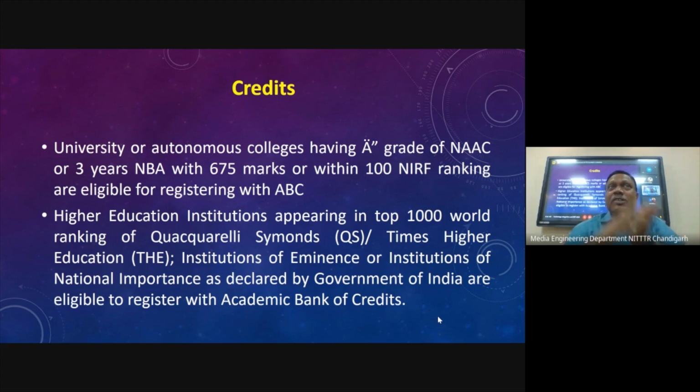You must be on the higher side, because 750 is the 6-year accreditation. So if you are scoring more than 675 in NBA, then only will you be eligible. So it is either NAAC A grade, or NBA minimum 3 years with a 675 score, or your institute or university must be listed within the top 100 NIRF ranking.